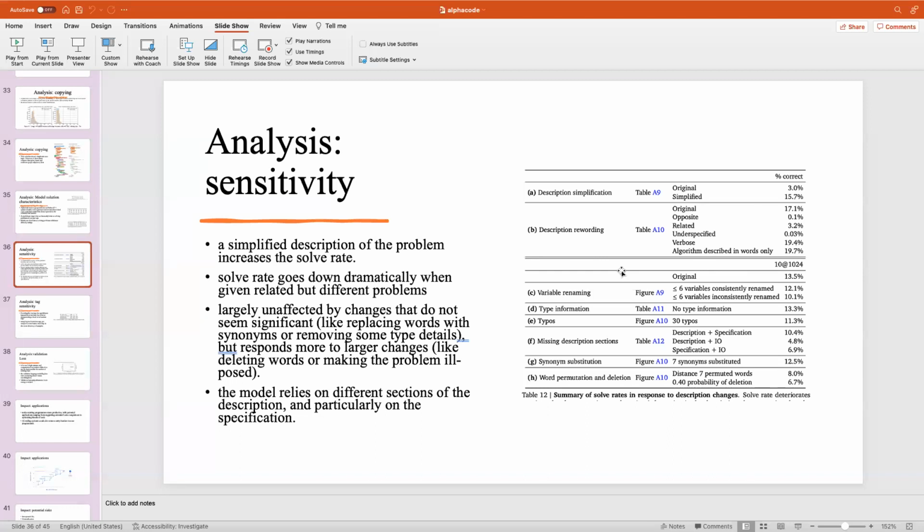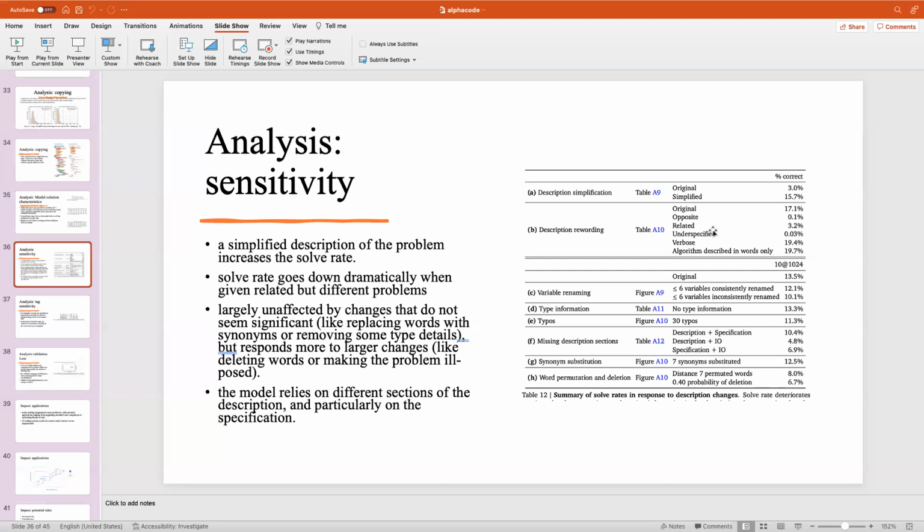So from this sensitivity testing, they claim the simplified description of the problem increased the solve rate, which means the natural language understanding part is still hard for the model, and also the solve rate goes down dramatically when given related but different problems. So it shows in the B in the table.